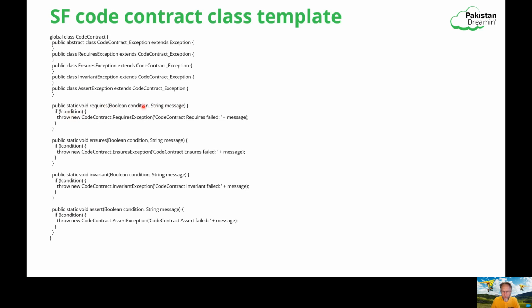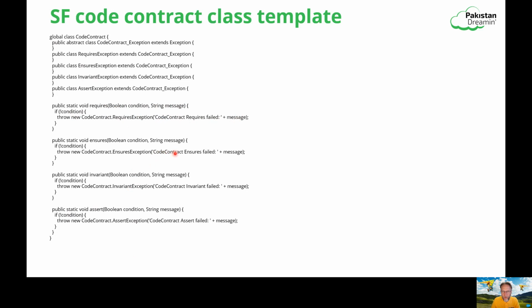If the condition is not met, it's going to raise the relevant exception, passing that message. In this case, it's going to say contract required failed, and add your message to the end of it like that. Same approach for the others.